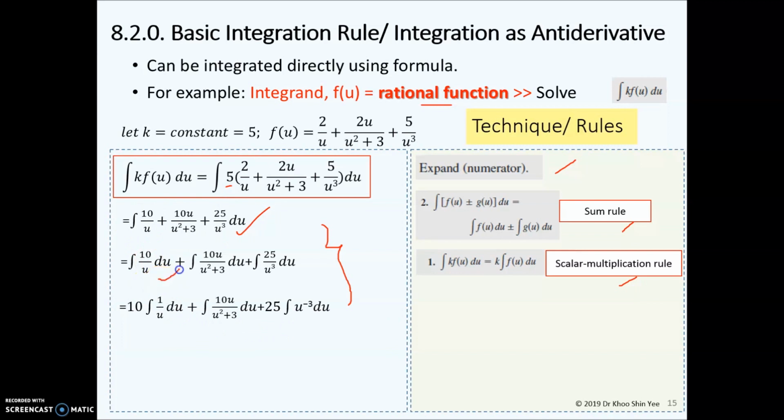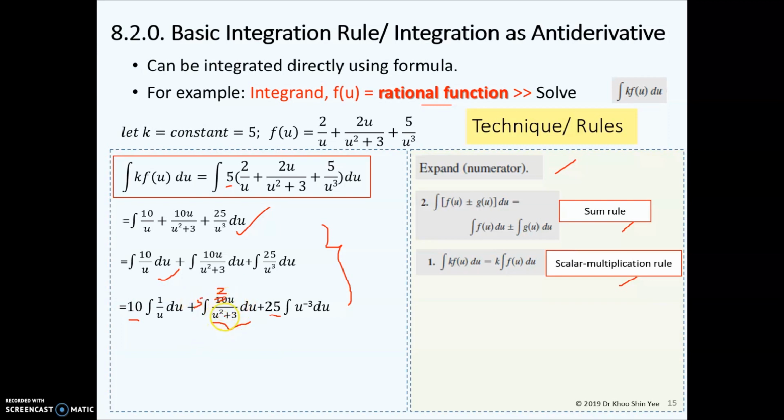and then you separate it, and then all the constants can be taken out, right? Like this one. For the second integral here, you can see that if you differentiate u squared plus 3, you get 2u. So this one 2u here, and then you can take the 5 out.